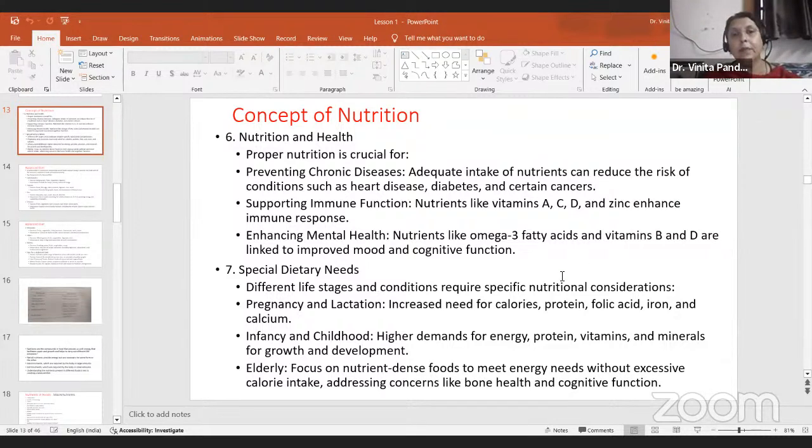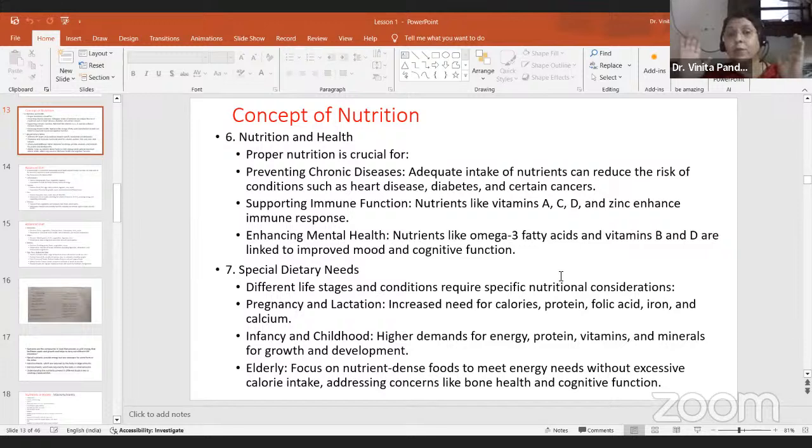For example, the kind of nutrition an 8-year-old child requires and an 80-year-old person requires, their nutritional requirements are completely different. So it's not that there is one bracket that so much amount of these nutrients is required for all age groups, for all conditions. One such umbrella quantity is not prescribed.